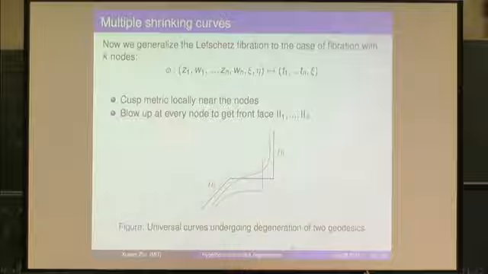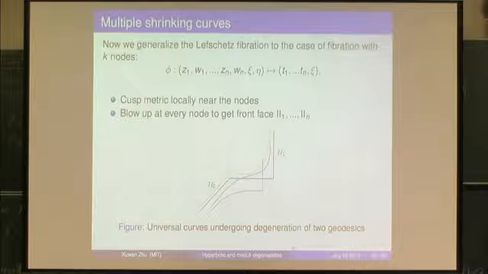And the yellow curve is where we degenerate the other one into a pair of nodes. And this black one in the center is the central fiber where both geodesics are shrunk to 0. So this picture is an illustration of what happens when several geodesics get shrunk to 0.